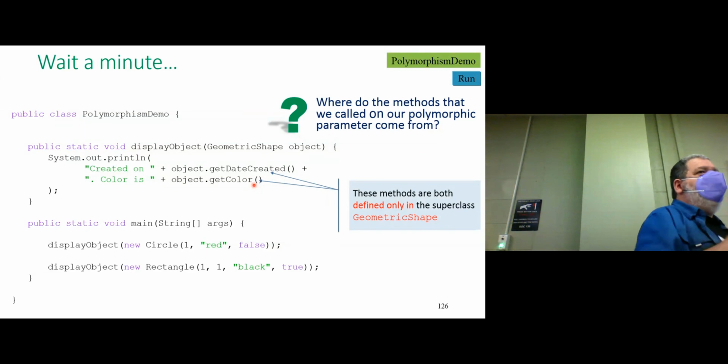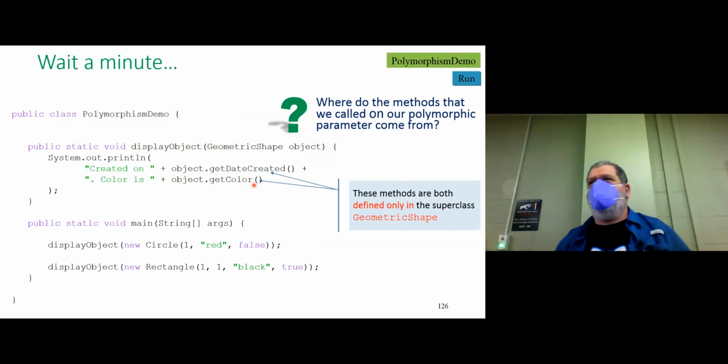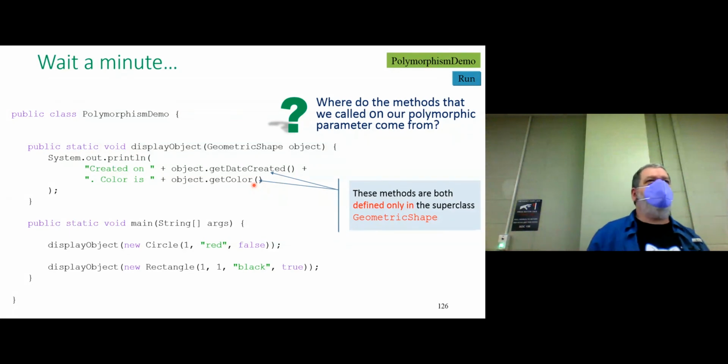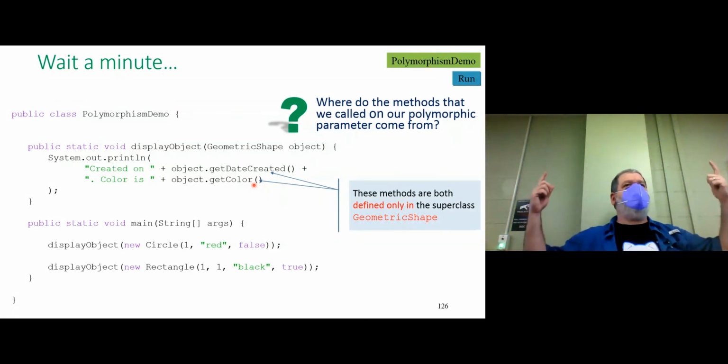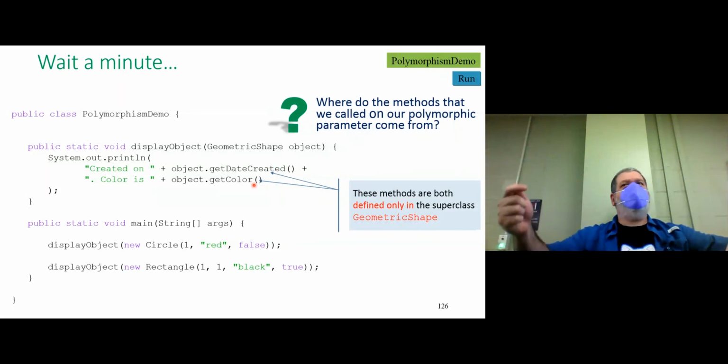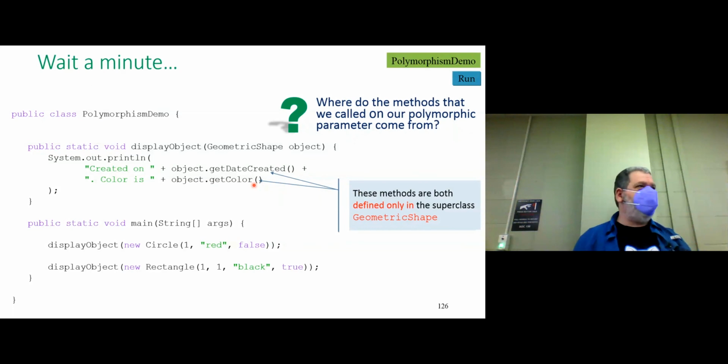Fair enough, right? How does that work with the fact that we pass a circle and a rectangle? Well, circle and rectangle are subclasses of geometric shape, so they do everything geometric shape does and more. So if I give you a circle or a rectangle and you are going to call methods of the class geometric shape on those objects, you are okay.